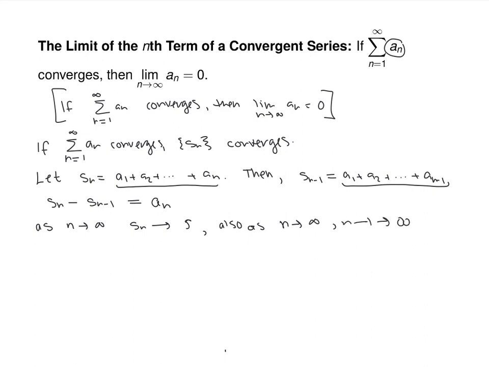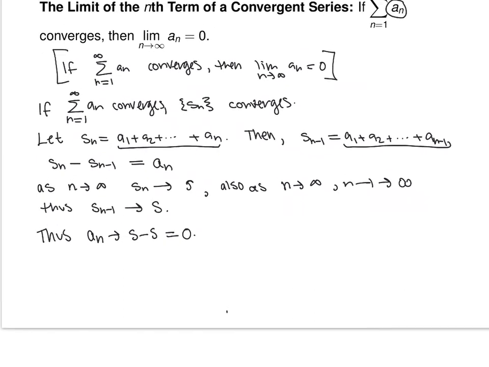It's just one step behind. And if that's true, we know that those S sub n minus 1's also have to converge to s. And what this tells us is that a sub n is going to converge to s minus s, or 0.